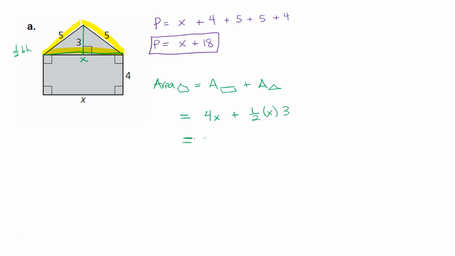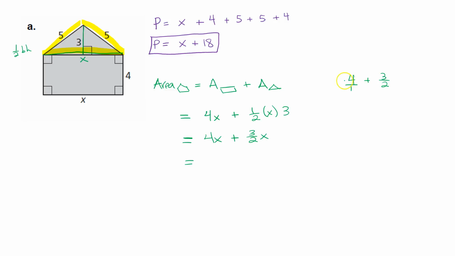So let's see what that gives us. 4x plus 1/2 of 3 is 3/2. So 3/2x. And then if we want to add, these are like terms, so we can add them together. So we need to figure out what is 4 plus 3/2. Well, 4 is 4/1, 4 ones.